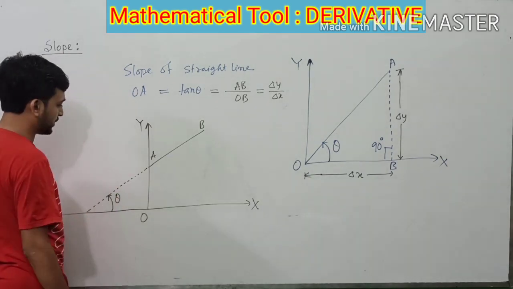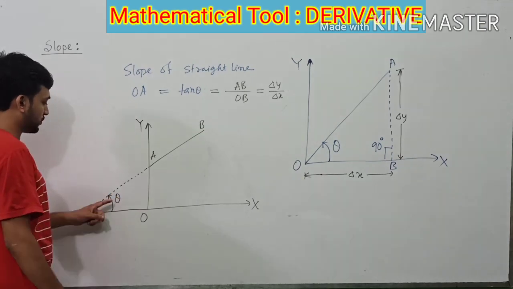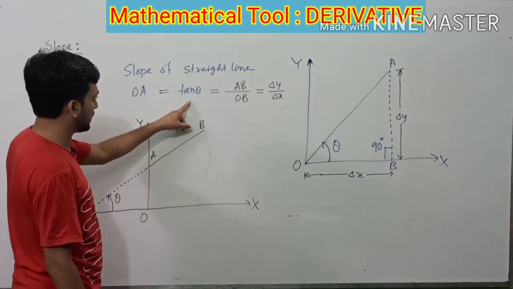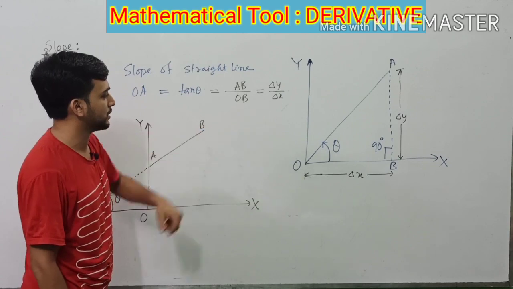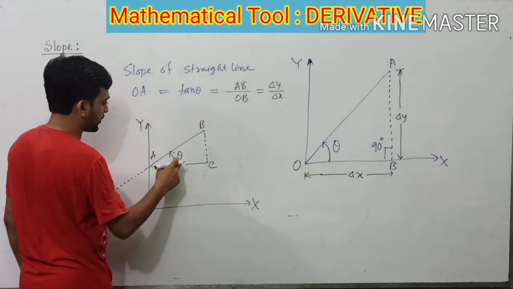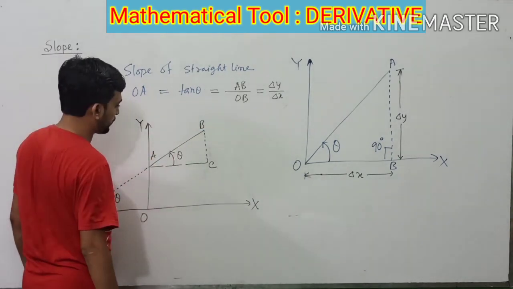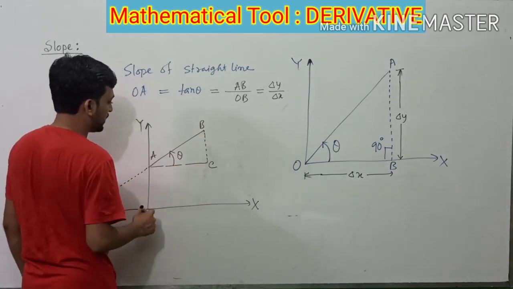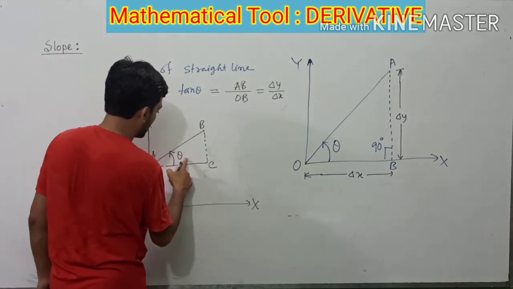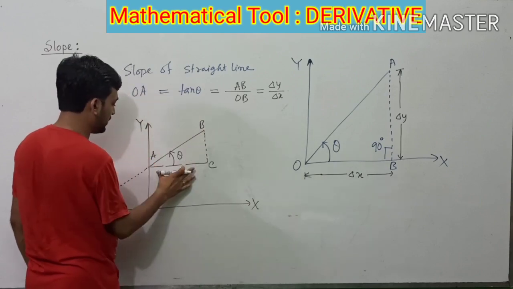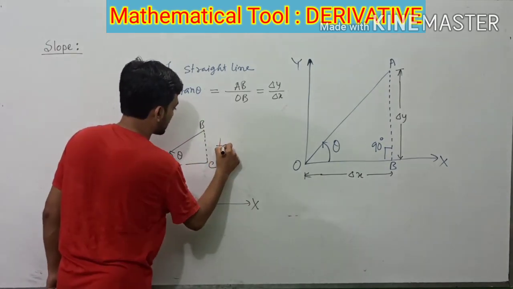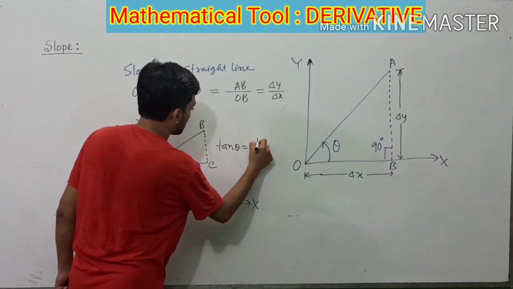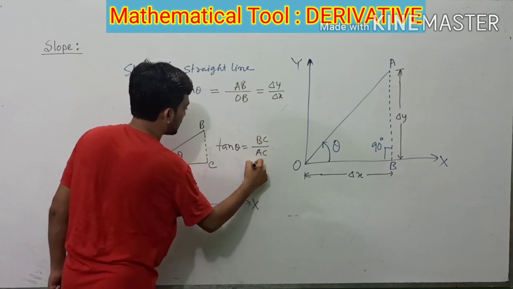Let this angle be theta. Here also slope will be tan theta. Tan theta we can calculate using this concept. So if we want, we can find out the slope of the straight line AB using this small triangle ABC. Here slope will be tan theta is equal to BC by AC.